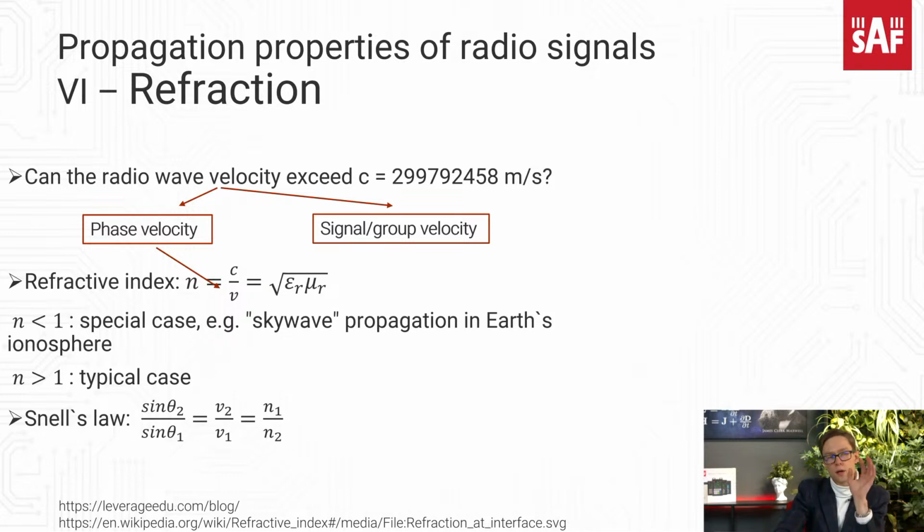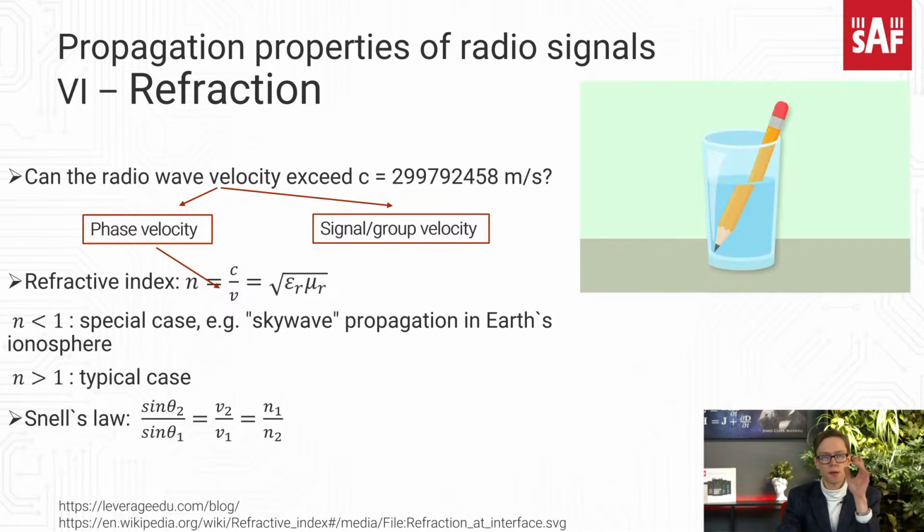Now, the refractive index is not only how we can evaluate the phase velocity of wave propagation, but also something we can use to describe the refraction process. So this is the classical example of refraction. What is going on there? The light beam falls into the glass and gets through three media.